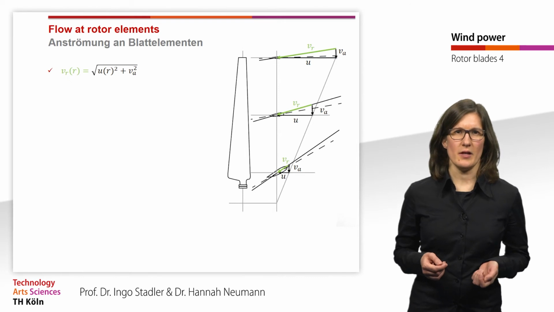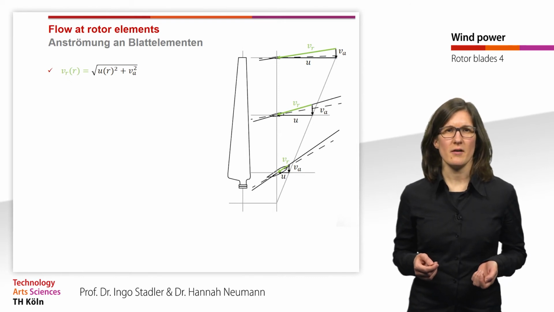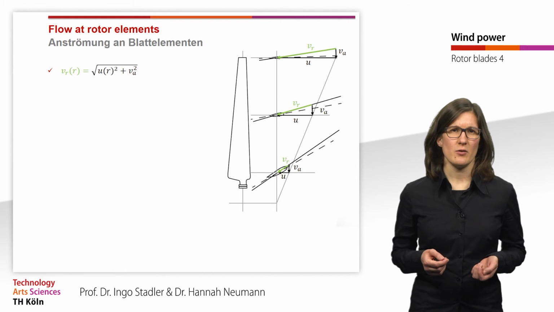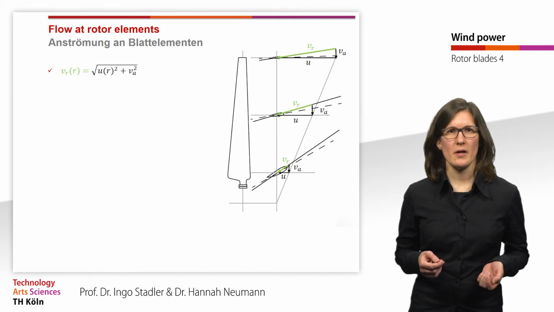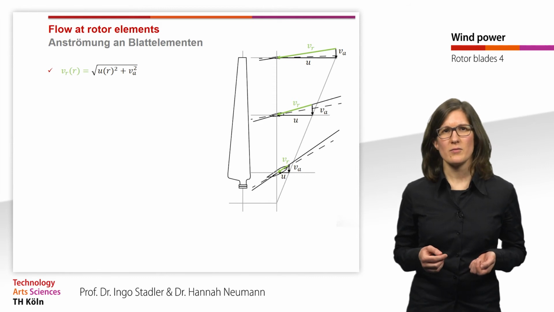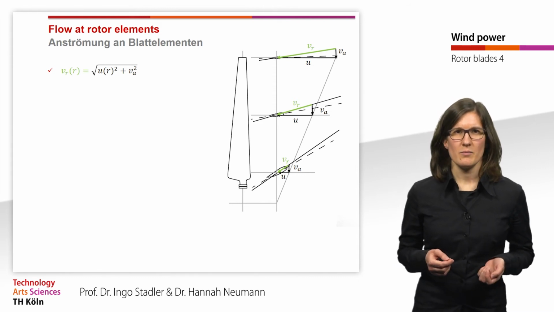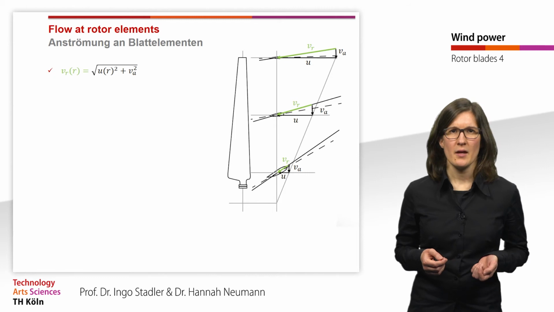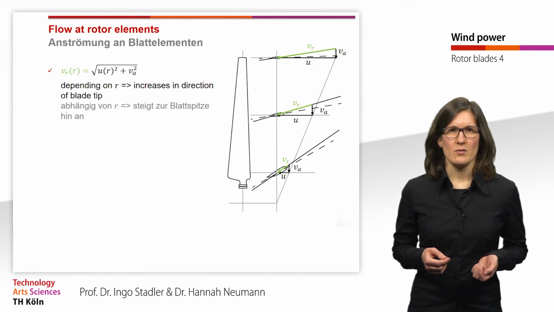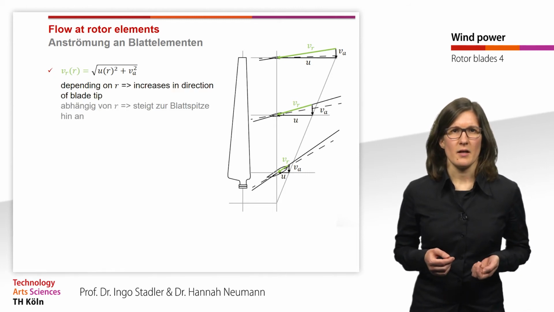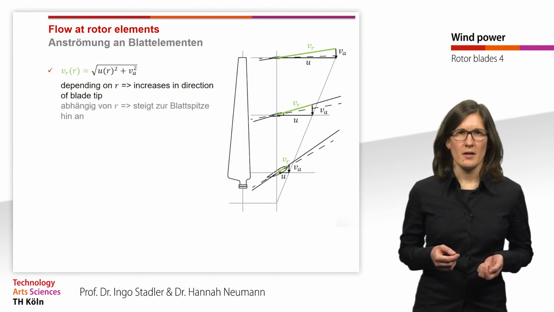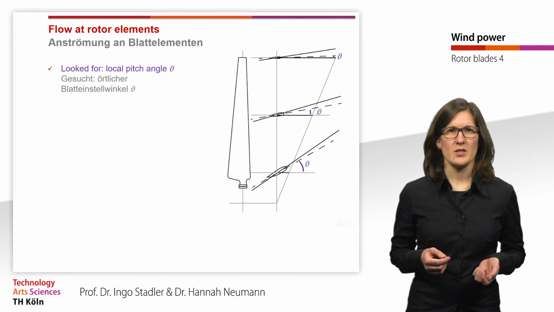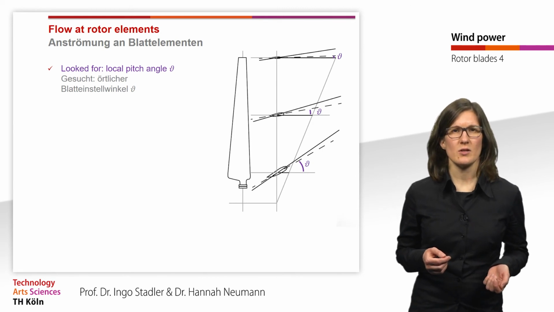Here you can see the relative approach velocity VR in green for the three cross sections. This velocity is calculated by the square root of U to the power of 2 and VA to the power of 2. And this velocity also depends on the radius r, and thus it increases towards the blade tip. In this picture, the local pitch angle theta is shown for each cross section.